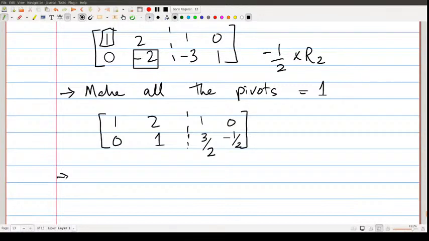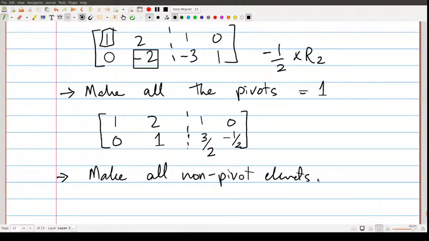The second thing that I want to do is make all non-pivot elements equal to 0. The pivot elements have become 1, and the non-pivot element is basically only this 2.